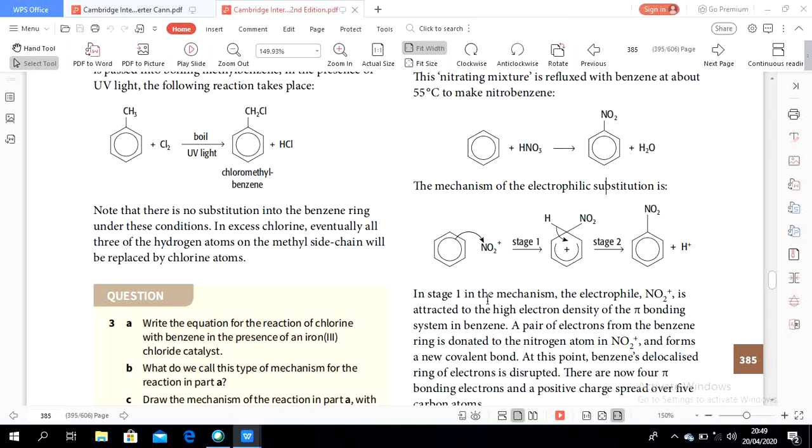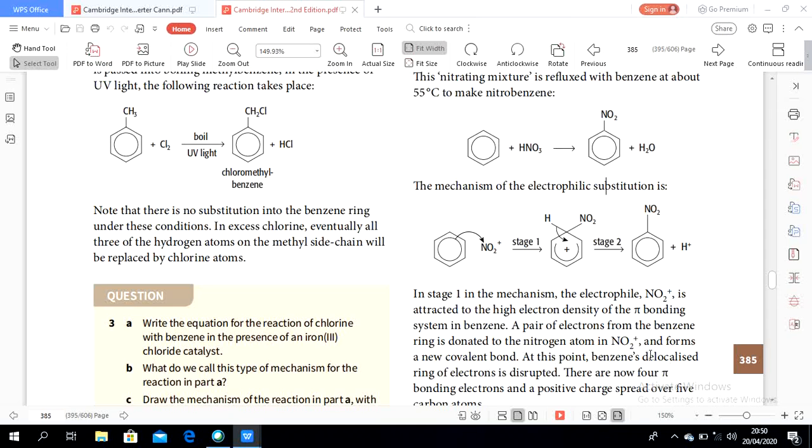In stage 1 of the mechanism, the electrophile NO2 positive is attracted to the high electron density of the pi bonding system in benzene, just like in bromine and chlorine. A pair of electrons from the benzene ring is donated to the nitrogen atom, as the nitrogen atom has fewer electrons to make it stable, and then forms a new covalent bond.